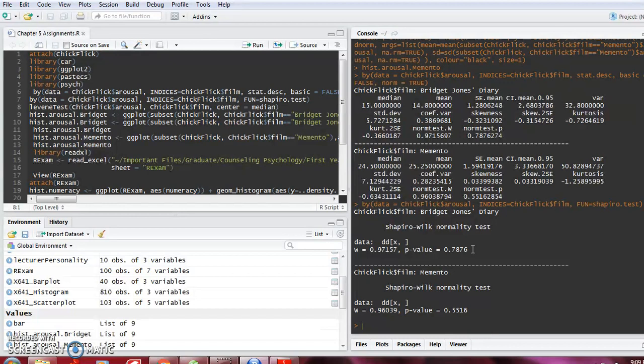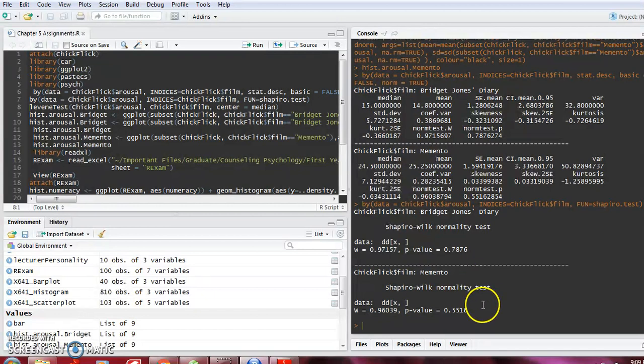So there's no normality there. Here we have a p-value of 0.7876, like I said before, and it's greater than 0.05 and 0.005. So this means that our distribution of data is not significantly different. So we can assume normality for Bridget Jones's Diary.